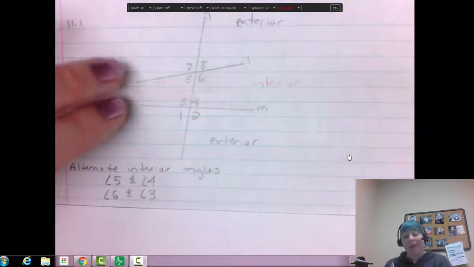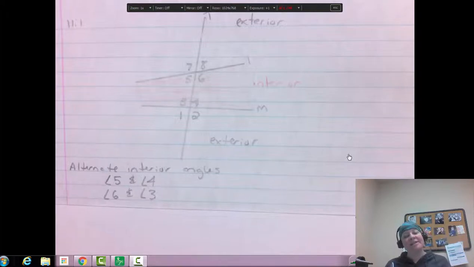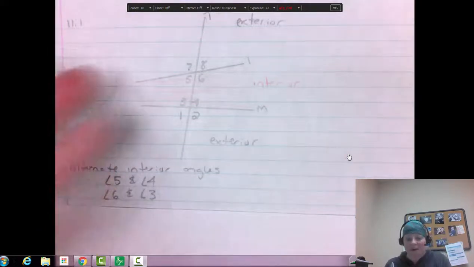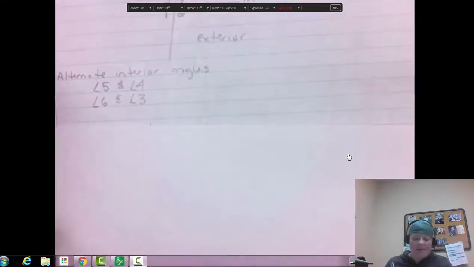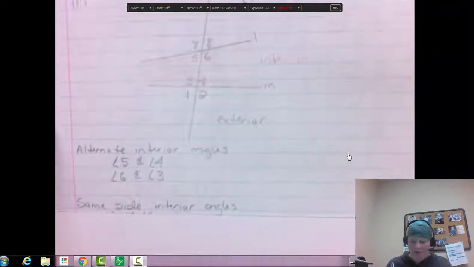If those lines were parallel, those alternate interior angles would be the same degrees. They aren't on this one because we don't have parallel lines, but that's what we're going to go over in the next lecture.